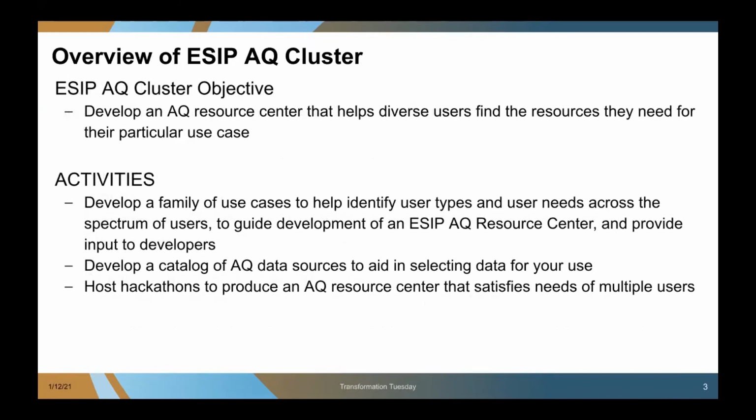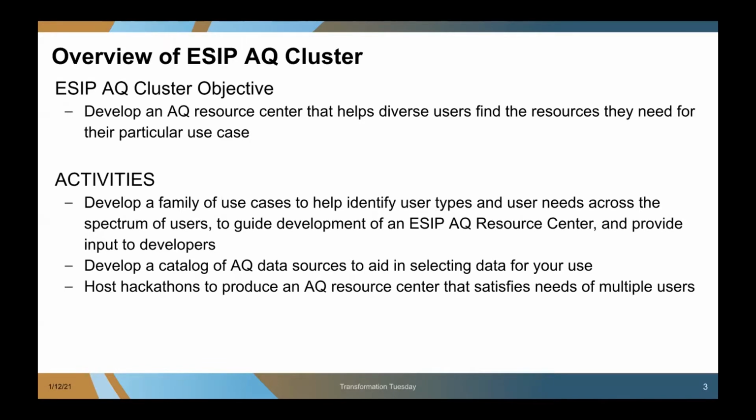So our objective inside of the ESIP air quality cluster is to develop an AQ resource center that helps lots of different people find the things that they need to help them. That would include data and tools, models, and so on, visualizations, alert capabilities, and a pretty wide range of things that we'd like to help them be able to track down and use.